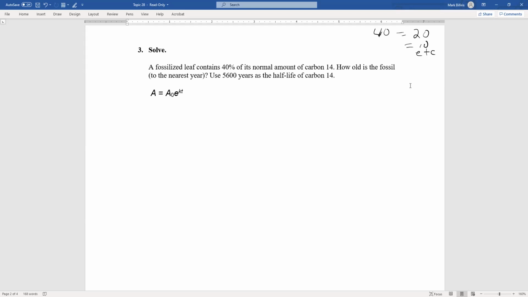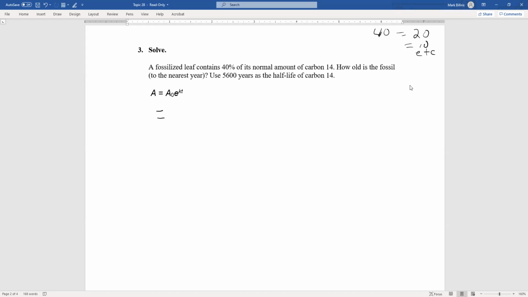K would be the rate of change, and t would be the number of years. So in this problem, we first have to find k because we're given the number of years. You say, well, what about A and A sub 0? Since we're talking about half-life, A sub 0 represents the initial amount. It doesn't make a difference what you choose.